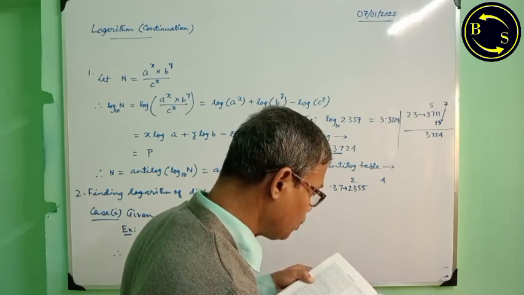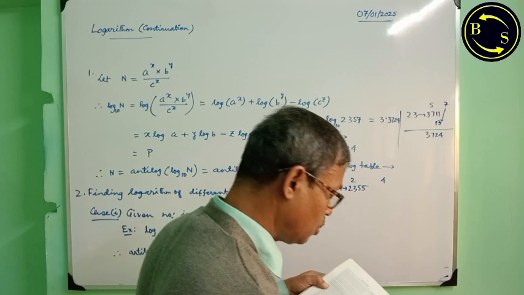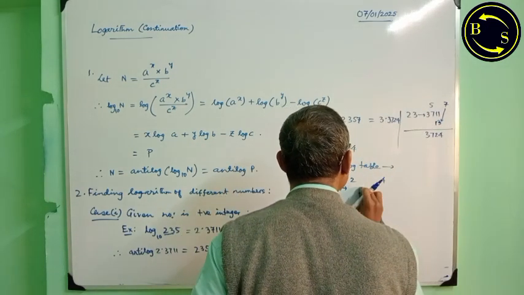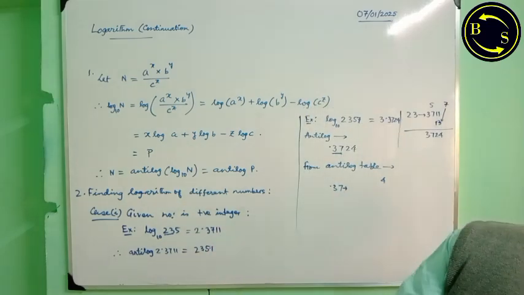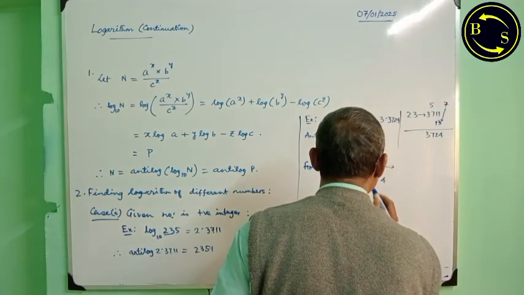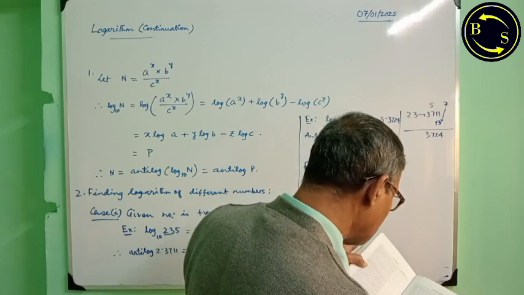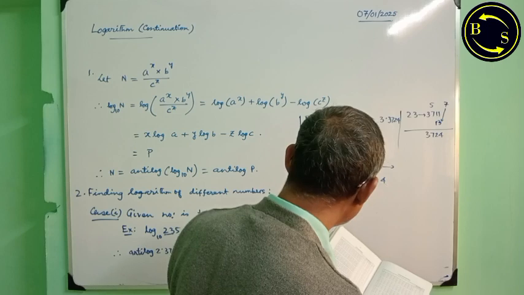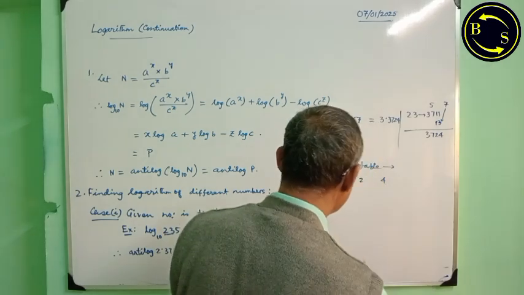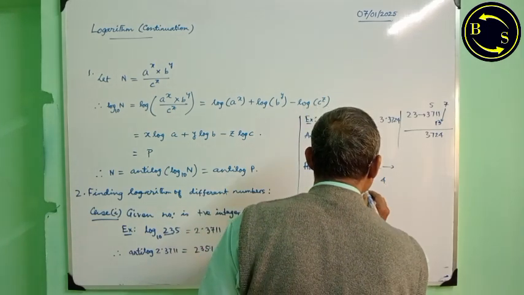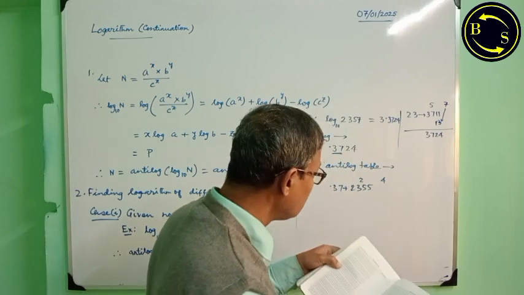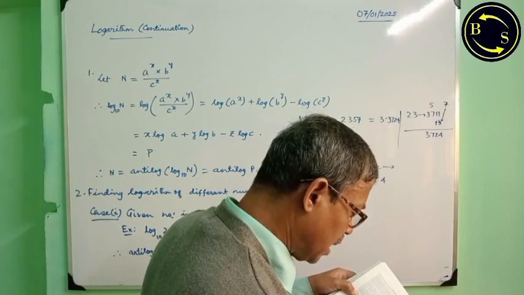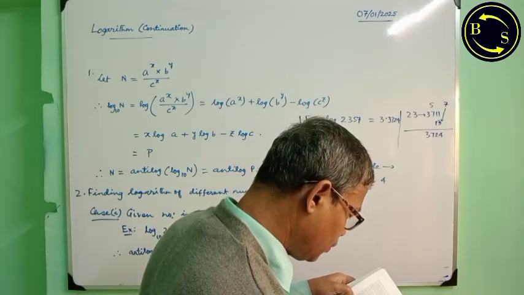sorry, I have wrongly copied. 0.37, then 2355, and from the mean difference column 4 we have 2.